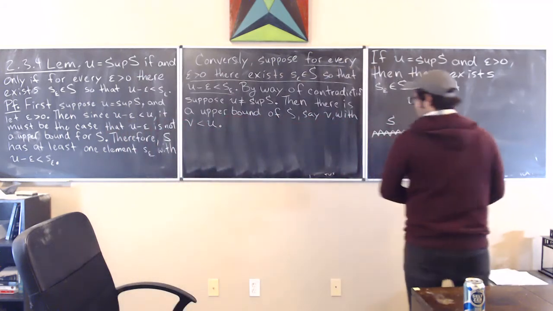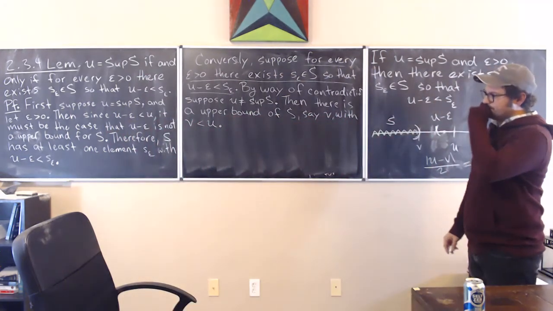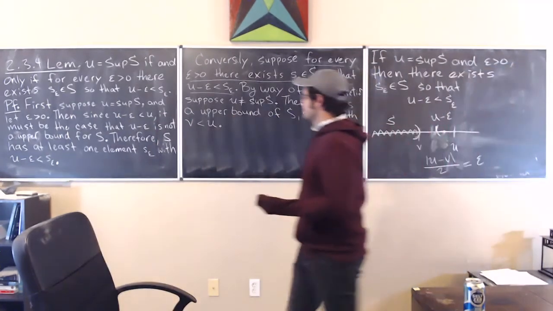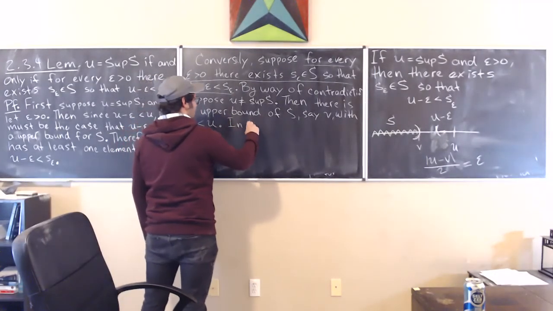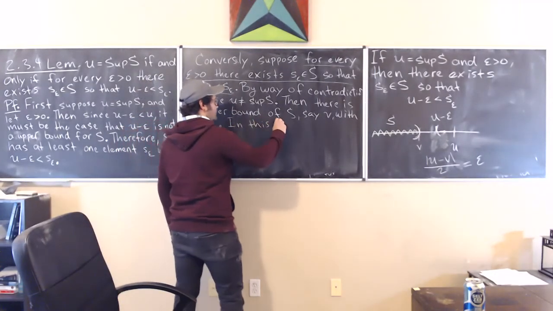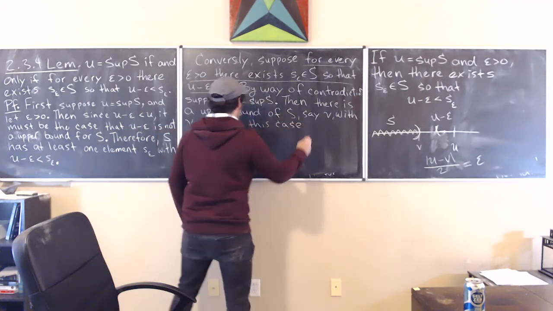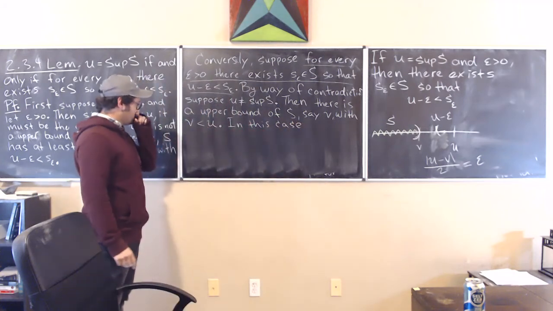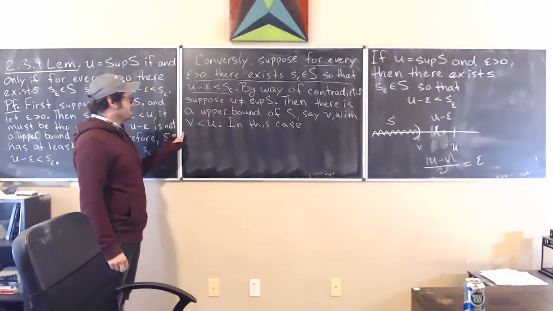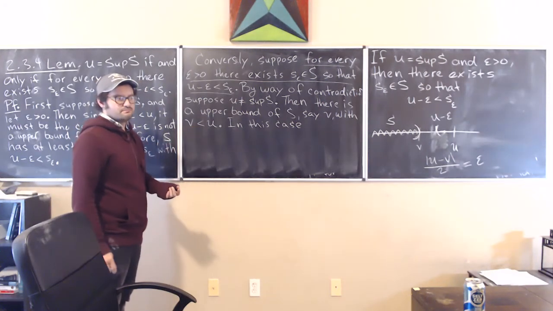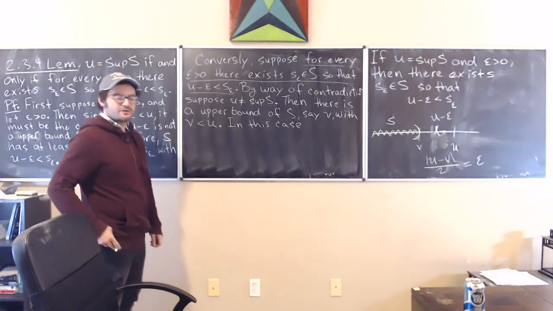Okay? So in this case, where that happens, we can just set epsilon less than U minus V. That's less than the distance between them, right?